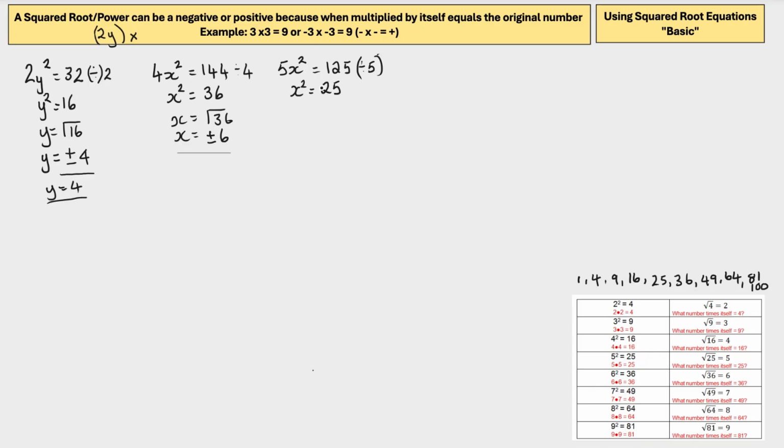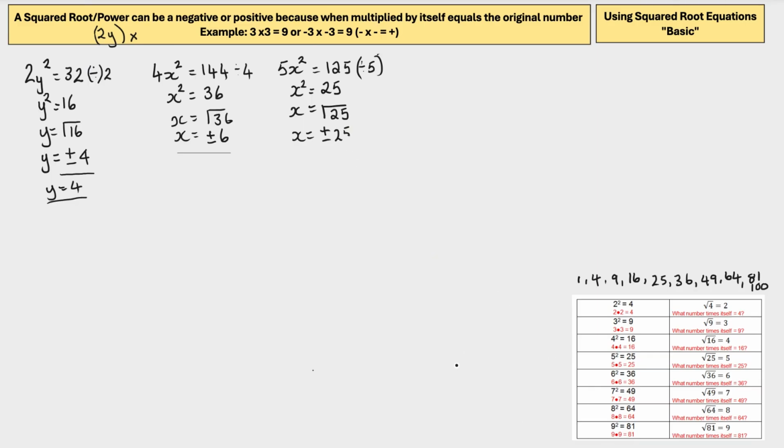You will spot 25 as a square number because 5 times 5 equals 25. Let's take the square root over. And our two possible answers would be plus or negative.